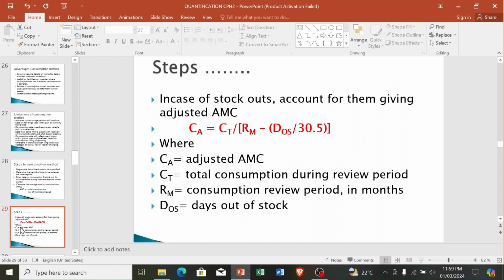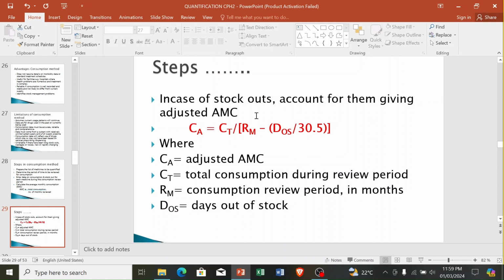So if in the month of March we had 10 days out of stock, all the 10 days we didn't have medicine and we were telling patients to go and buy, we shall put here, where there are days out of stock, 10 divided by 30.5. After we get the number here, we look at the consumption review period: how many months are we reviewing for?